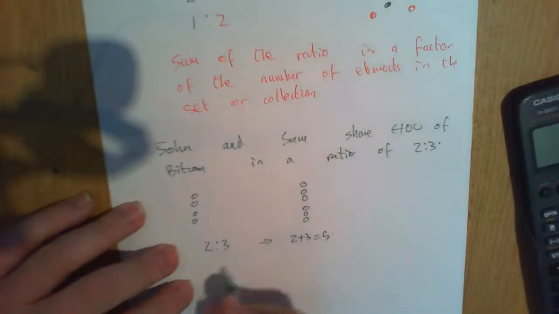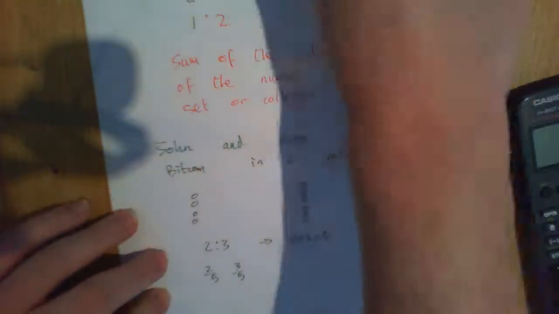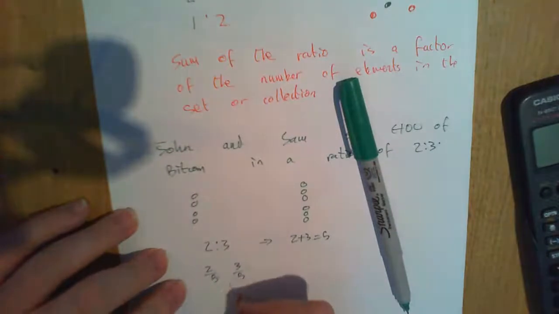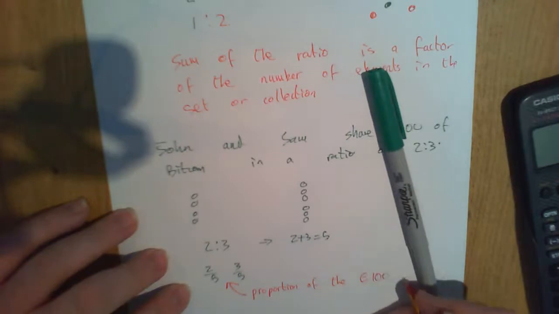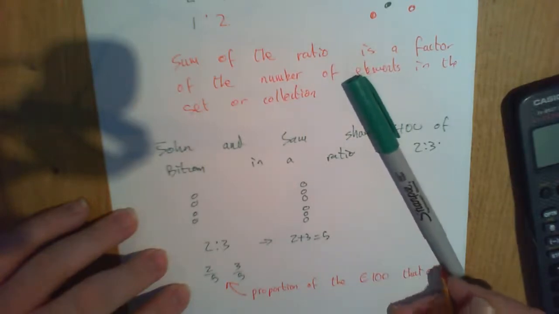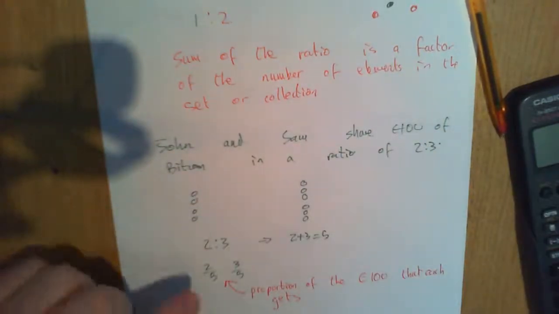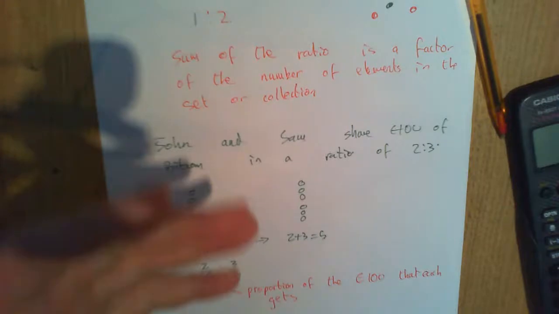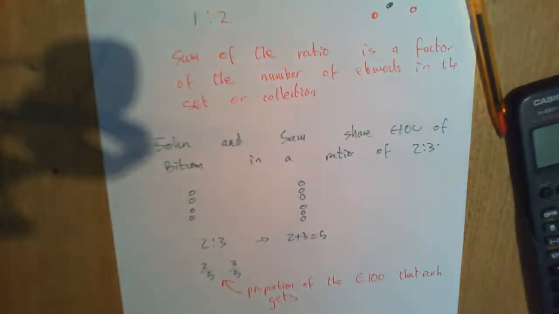And what you've done is, now you have the proportion of the €100 that each gets. So John will get 2/5 of the €100. Sam will get 3/5 of the €100. And obviously 2/5 plus 3/5 is 5/5. That's the total amount that's possible. Okay? Because you can't have more than a whole when the whole represents €100.